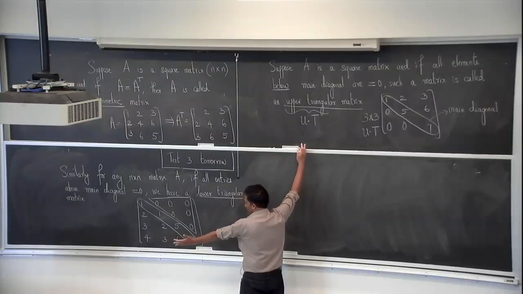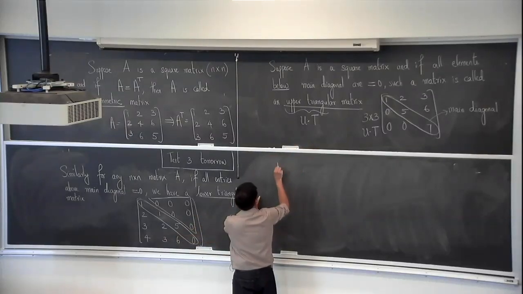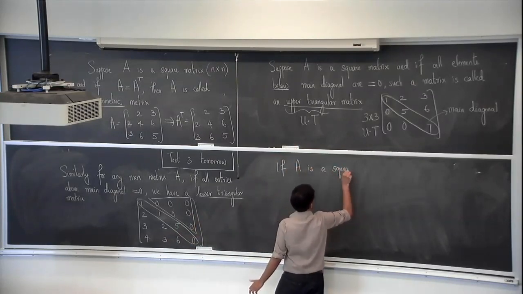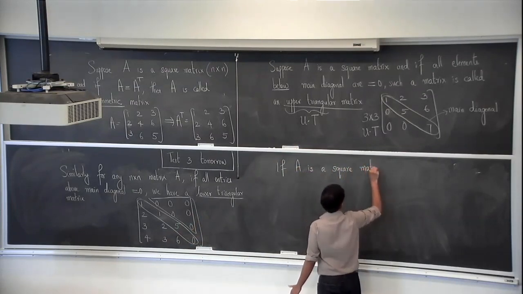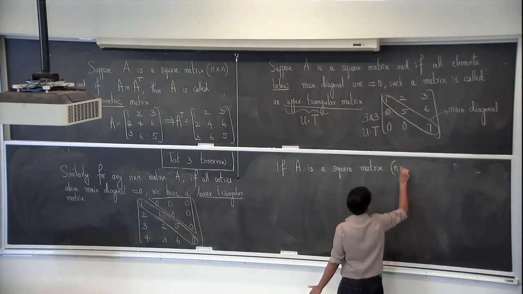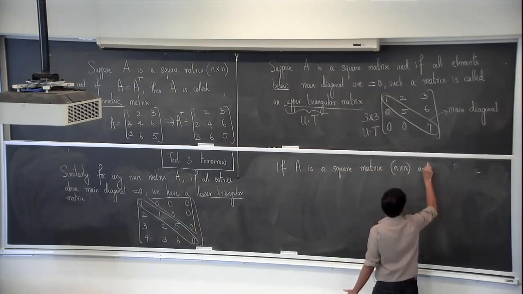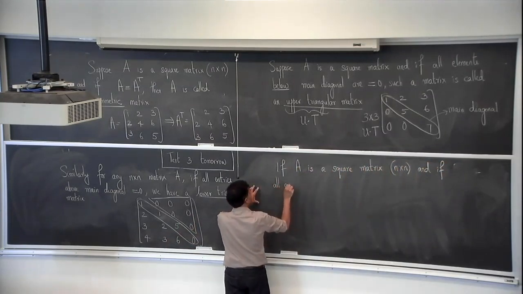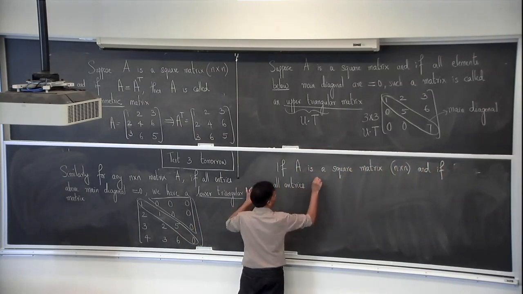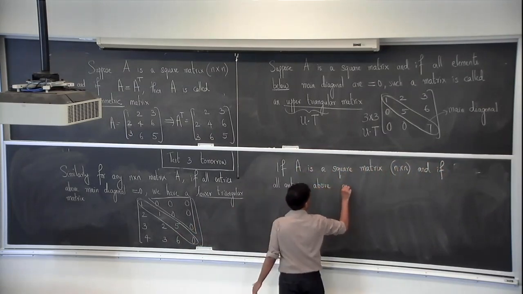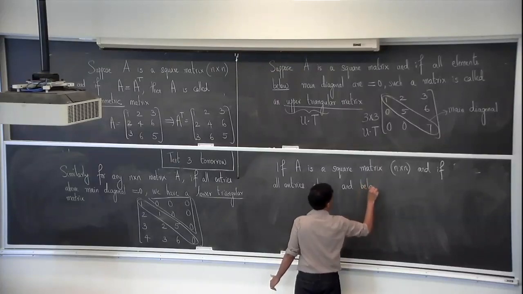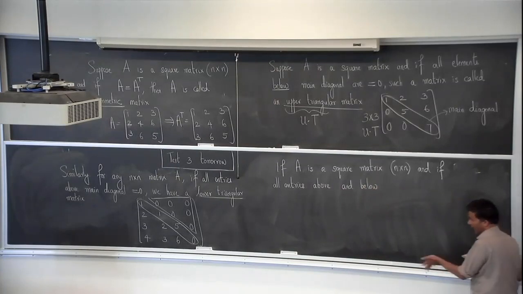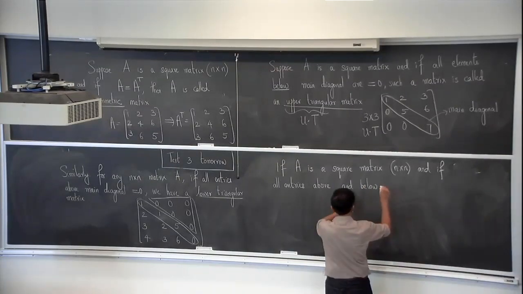Now, if all the entries above and below the diagonal are 0, so if A is a square matrix of size n by n, the only possible non-zero part now is the main diagonal, which also could be 0, but let's keep that non-zero.